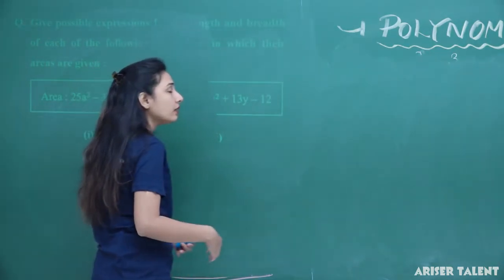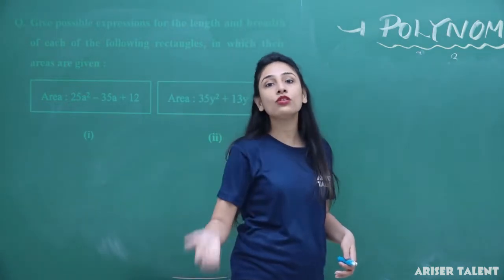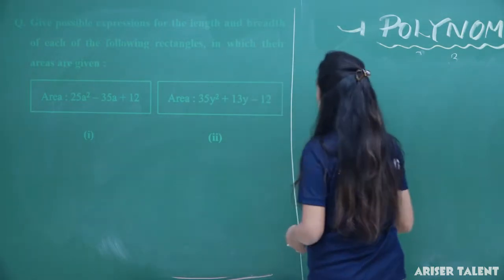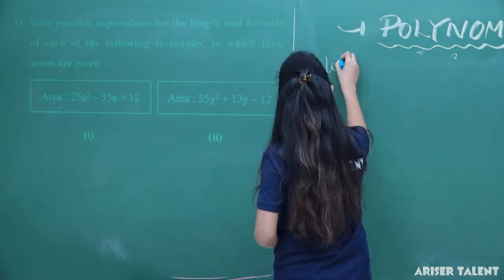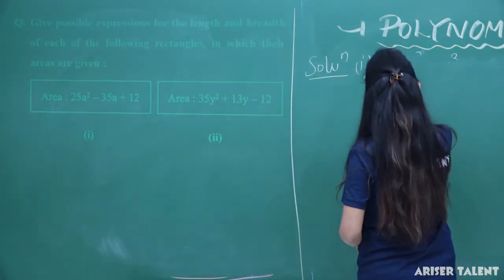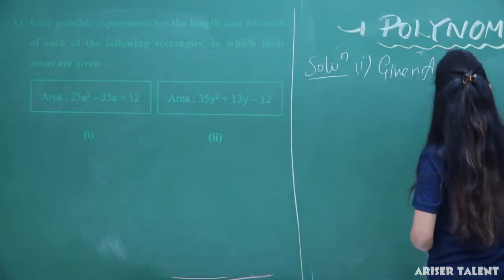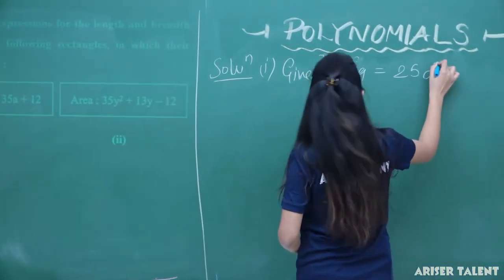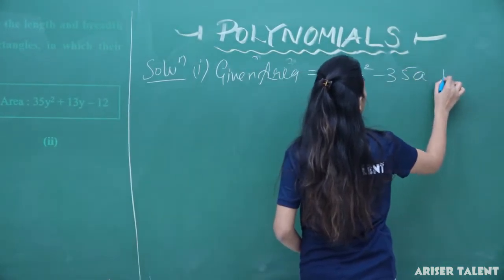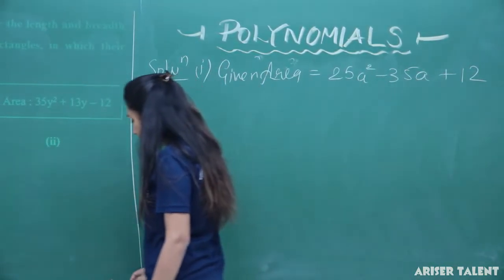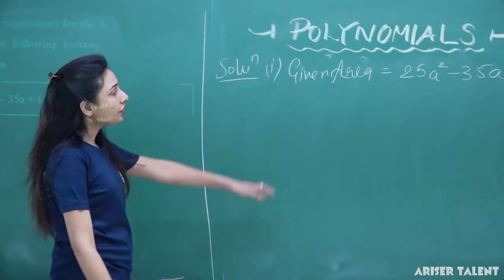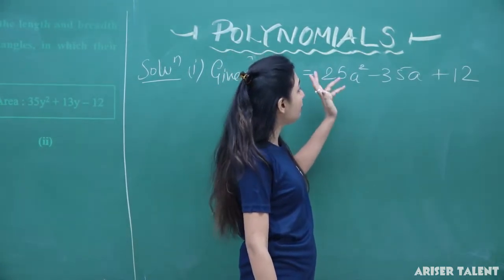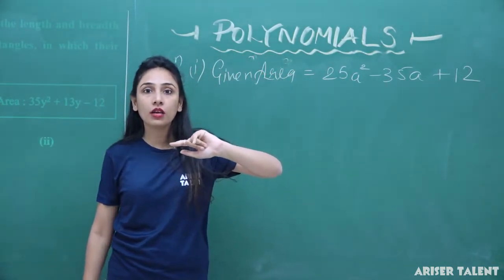And you can have three factors also in case of volume, and we will look at such kinds of questions also. So this is the first part, the given area. What is the given area? This is given as 25a square minus 35a plus 12. Remembering something or not? This is your given area, students. 25a square minus 35a plus 12.